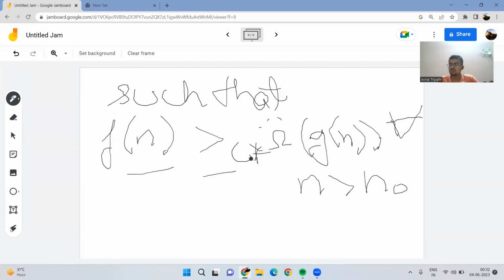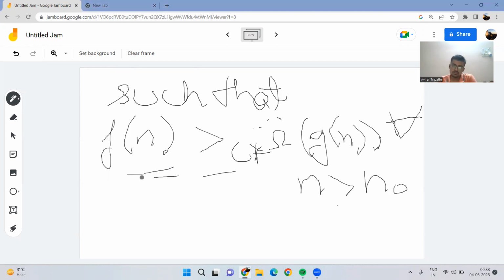So this particular definition is quite similar to what we had of big O notation. So if we have to deal with this kind of thing, that is big omega notation.